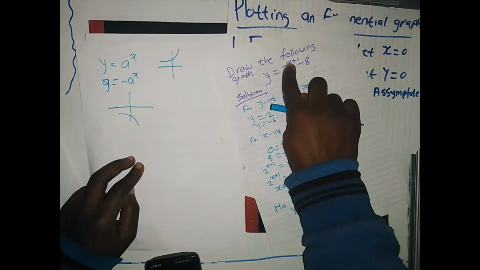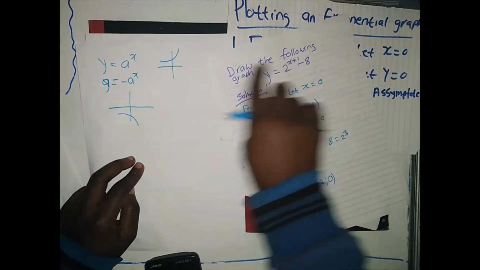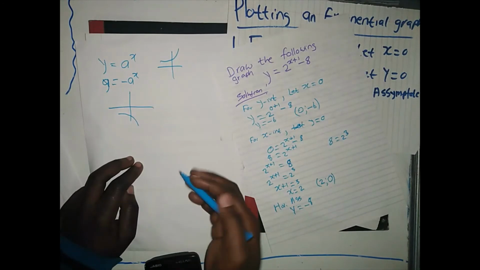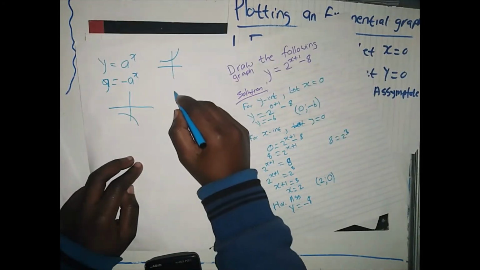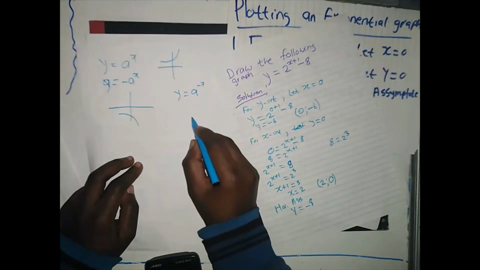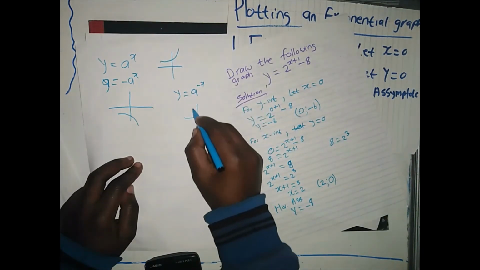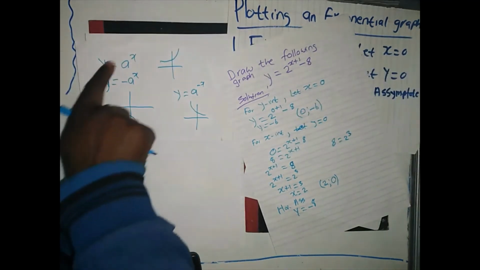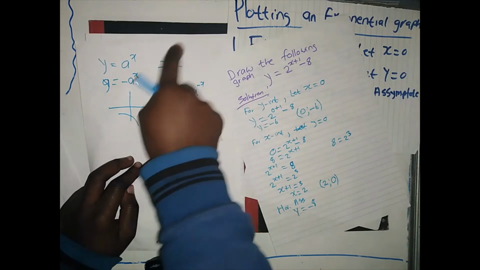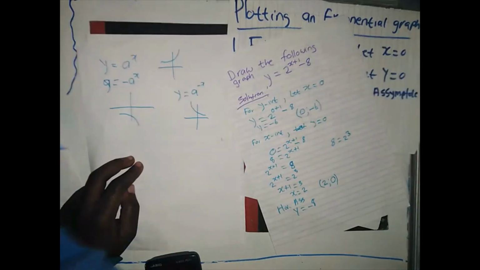And then also this part here is positive, so it's also going to stand like this, because if it was not positive, then it would have stood like, because if you have y equal to a to the power minus x, then it would have stood like this. Can you see? But now you have something exactly like this, so you will have a shape that looks like this, facing this side.